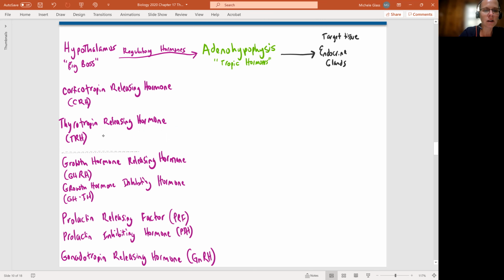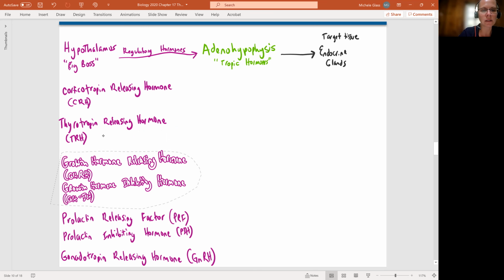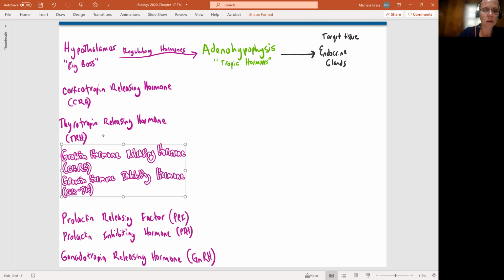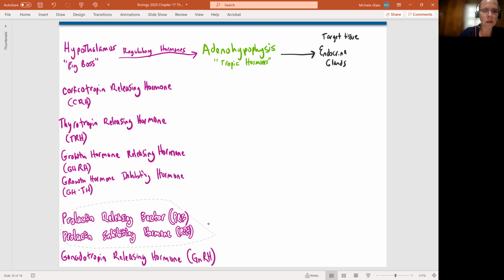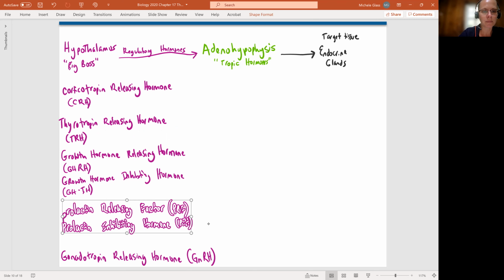And so these are our whole group of what we can collectively call regulatory hormones. And they're regulating specifically the activities of the adenohypophysis. And we're paying attention to the abbreviations plus the full name.